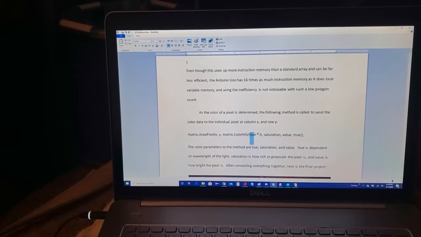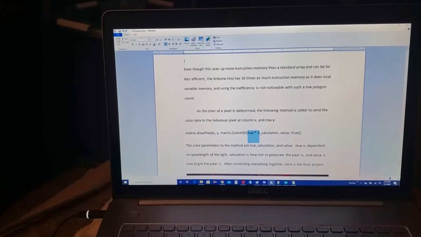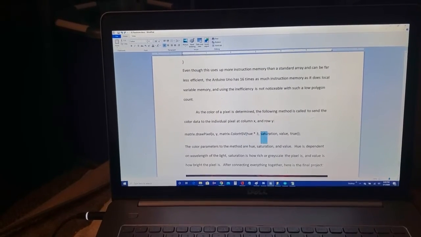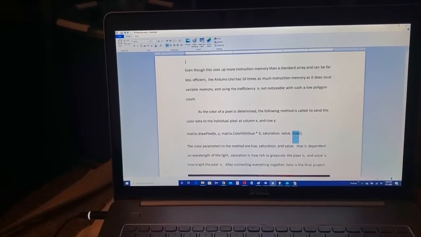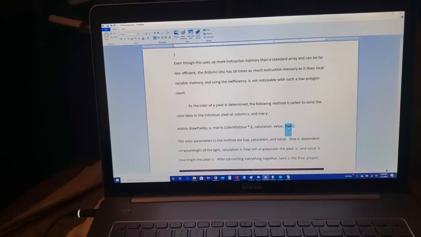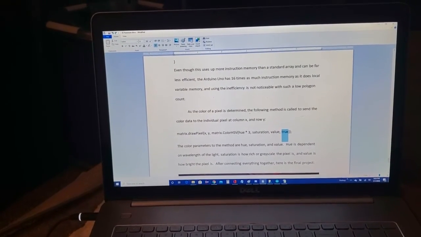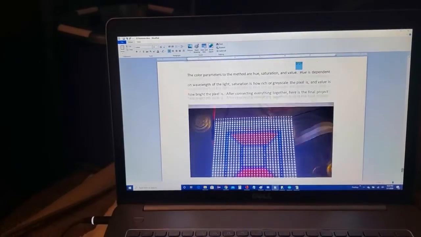This is the hue. I'm not sure why that's a 3, but anyway, it spits out the correct value in the program. The saturation and value. I'm not sure what the true value here is for, but I just feed it a true because that's how it came in the demo. And then after everything is set up, this is the final product.